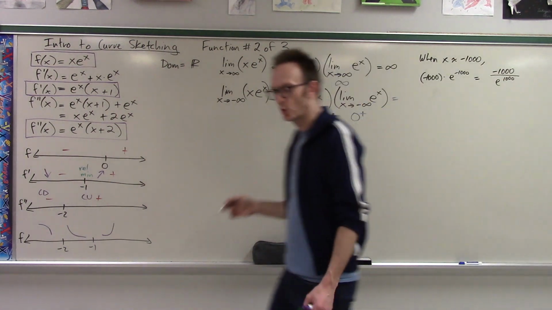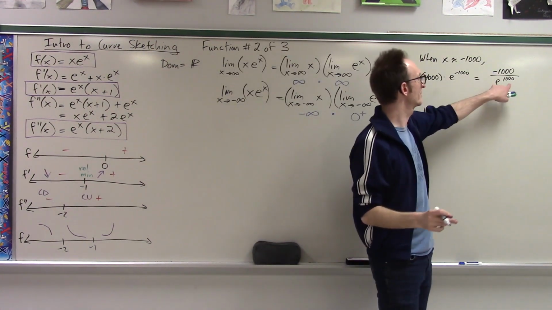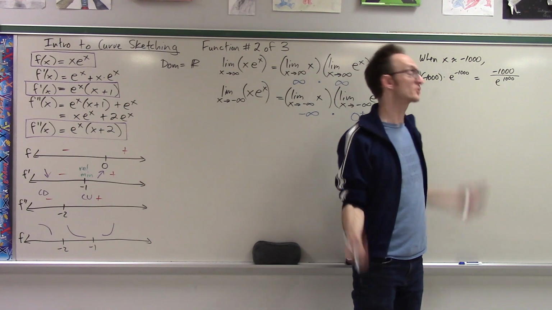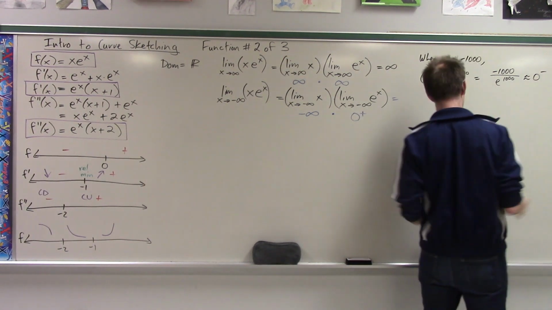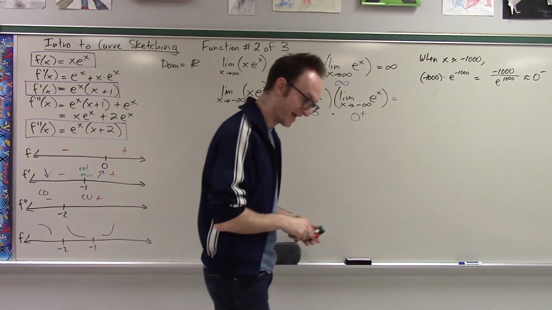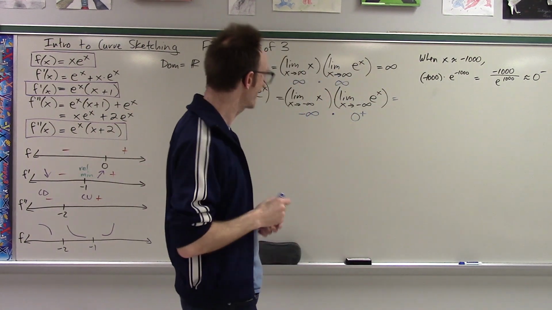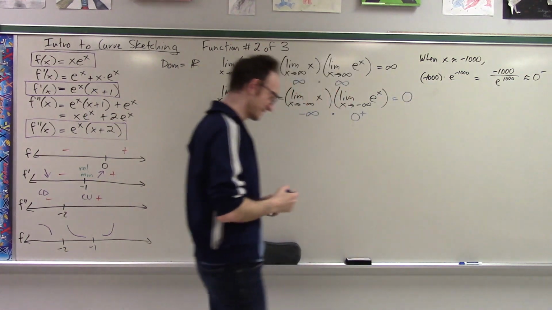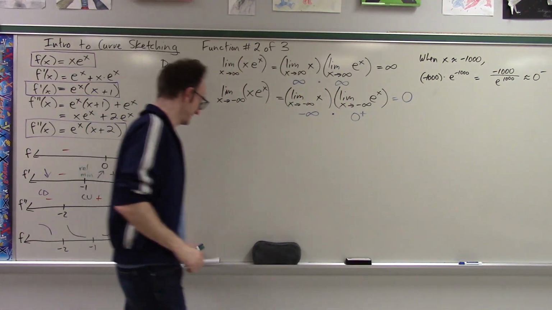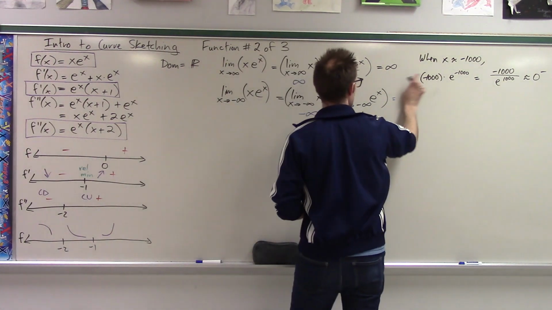Sure, negative 1,000 is pretty big, but e to the 1,000 is just monstrously big. And so, in fact, this is going to be like a tiny negative. Whereas I haven't demonstrated this carefully with a proof or anything, I've pretty much decided that this limit is 0, and that's the right answer.